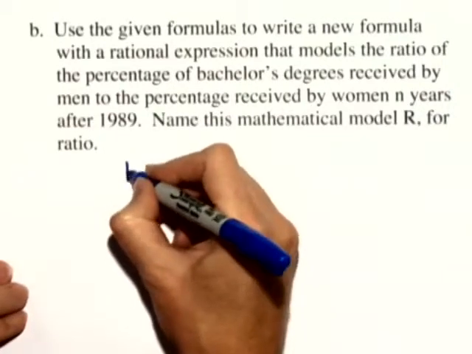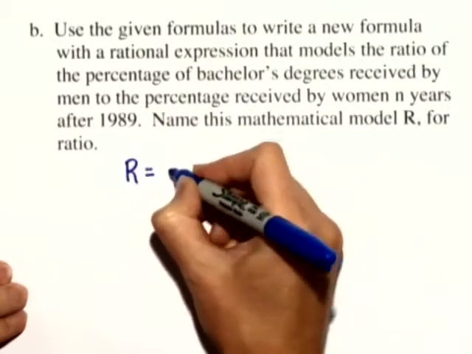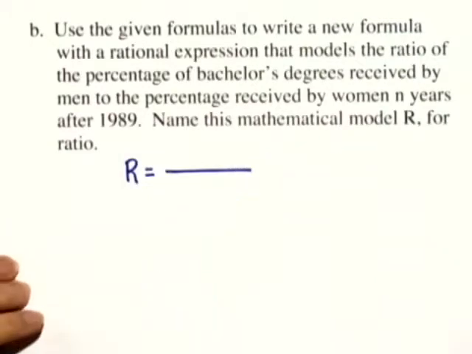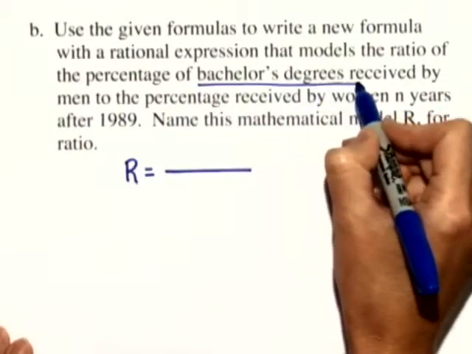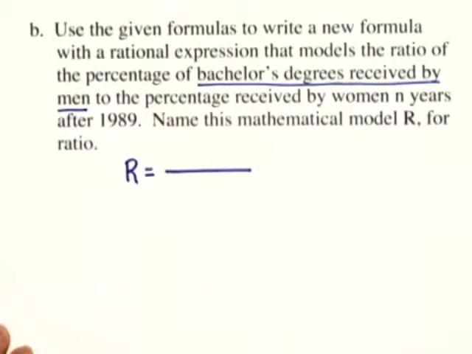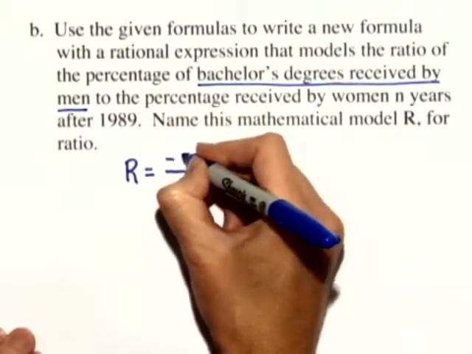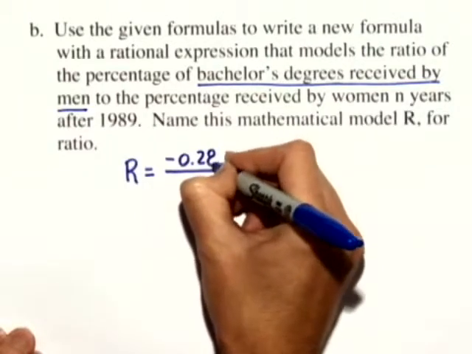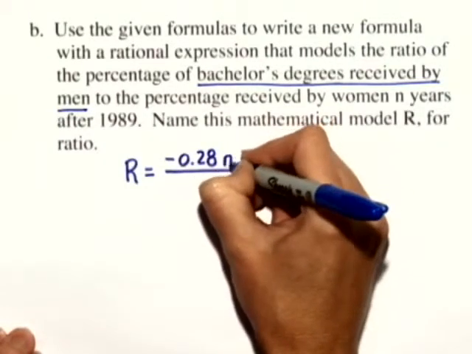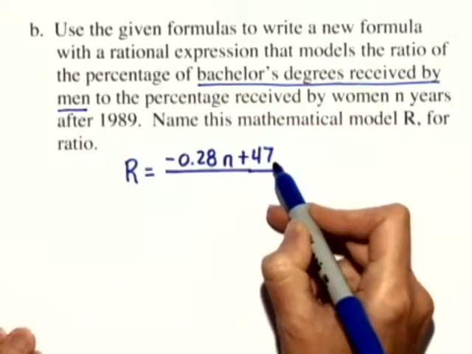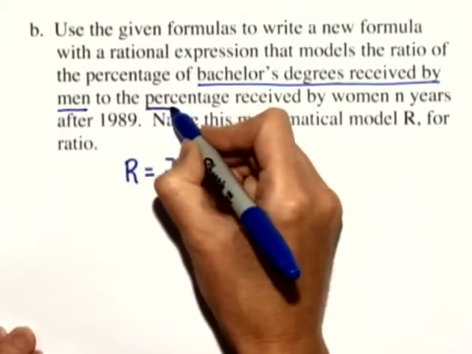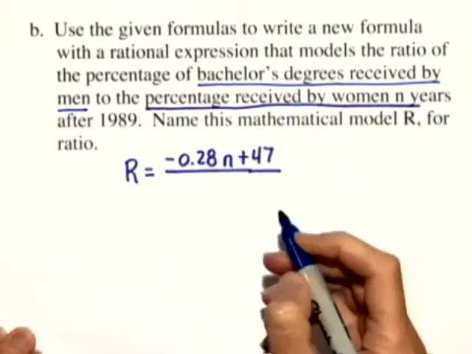It's important whenever we write a ratio to write in the numerator the first item given. In this case, we want the ratio of the percentage of bachelor's degrees received by men to be up in the numerator. Well, that ratio is given by negative 0.28n plus 47 in the numerator, that represents the percentage for men, divided by the percentage received by women.